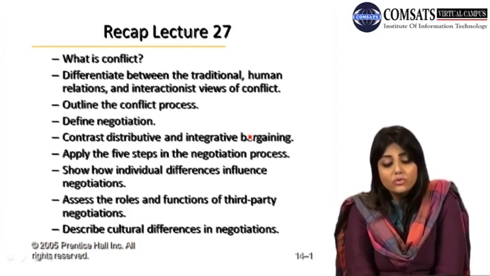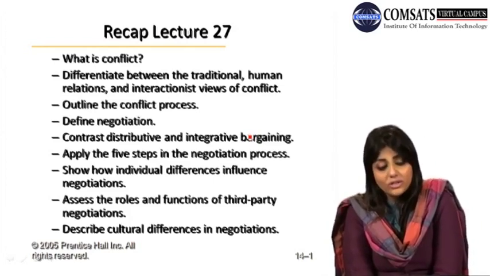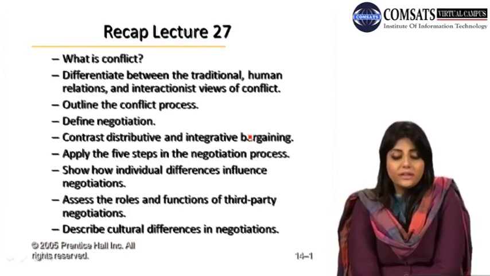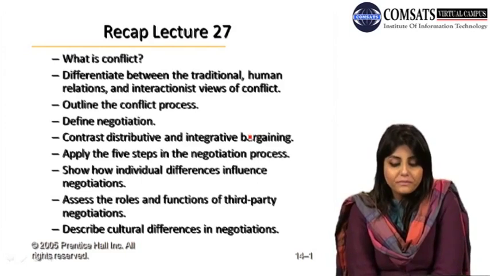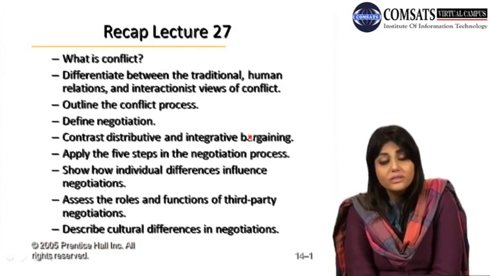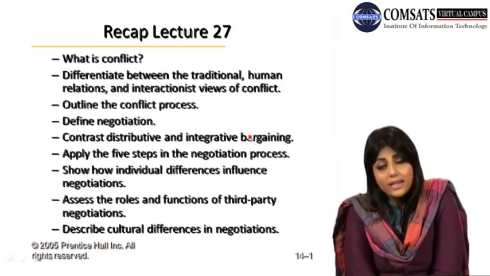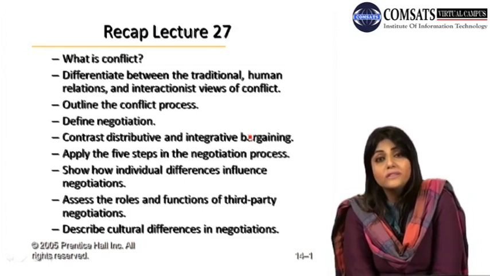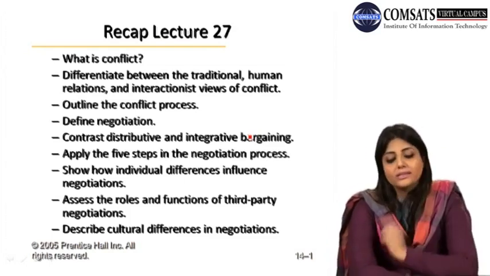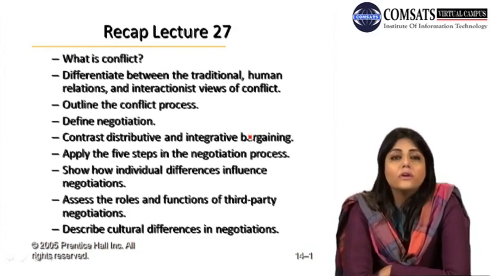Then we discussed that there are two different kinds of bargaining processes. One is distributive bargaining, and the other one is integrative bargaining. And we discussed under what conditions distributive bargaining takes place, and under what conditions integrative bargaining takes place. We also discussed the individual differences in the bargaining styles, whether you adopt a distributive bargaining style or an integrative bargaining style.